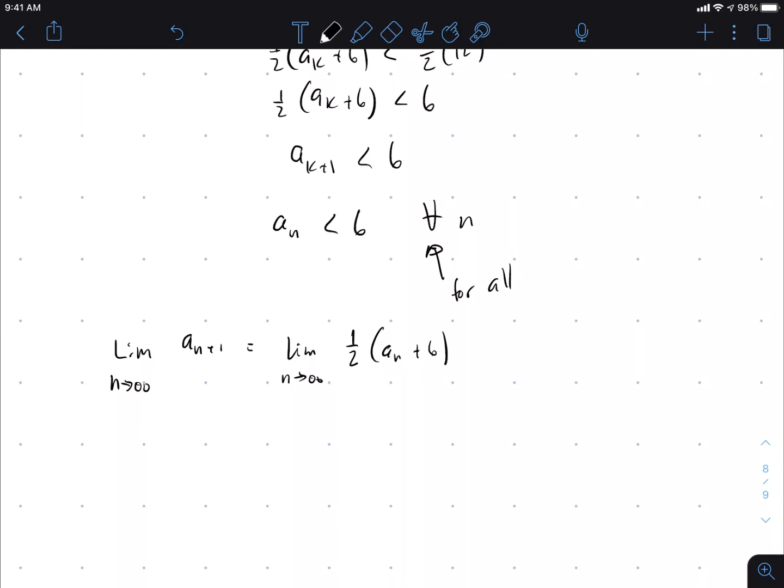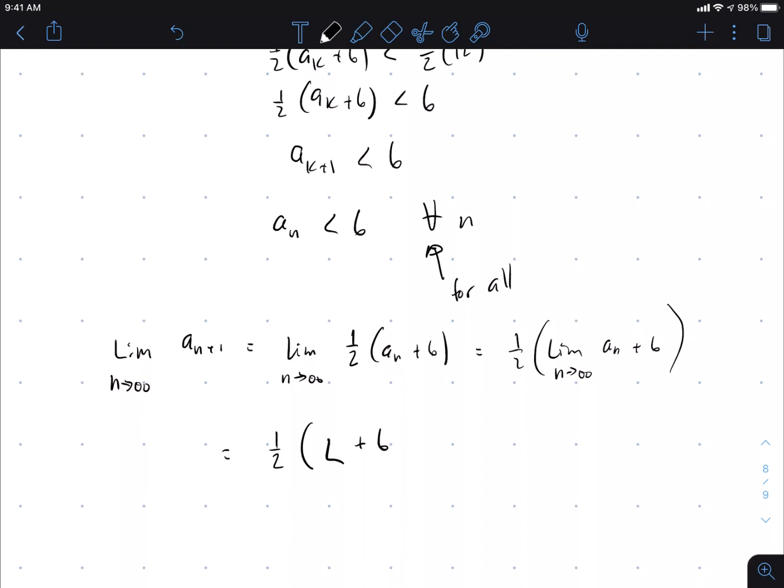That's the definition of a sub n plus 1, which will equal 1/2, because that has nothing to do with the limit, the limit as n goes to infinity of a sub n plus 6. And we know that this piece here is going to be a limit. So I'm going to get 1/2, I'll call it L, plus 6.